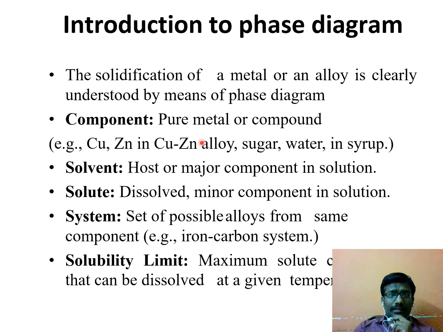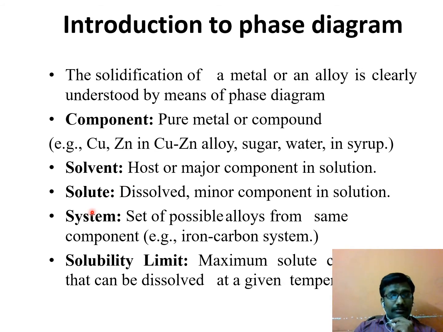First we will see the introduction to phase diagrams. What is a component? A component is a pure metal or a compound, for example copper, zinc, or a copper-zinc alloy. We can call it an alloy. Next is solvent. Solvent is the major component in a solution.